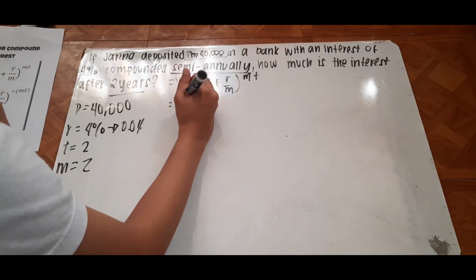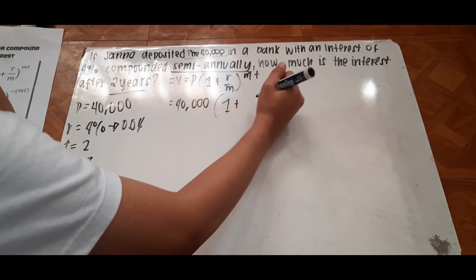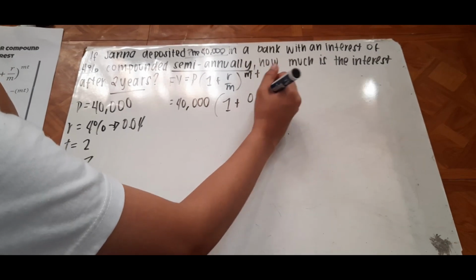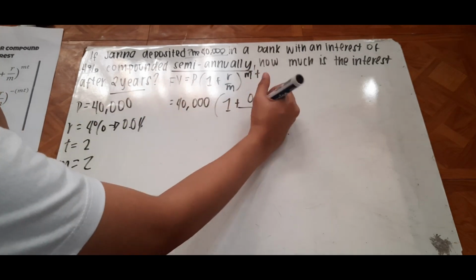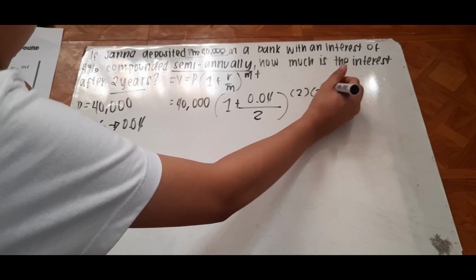So substitute all the given. 40,000 is the principal times 1 plus 0.04 over M, it's 2, and raised to 2 times 2.